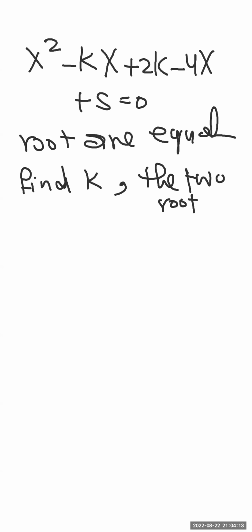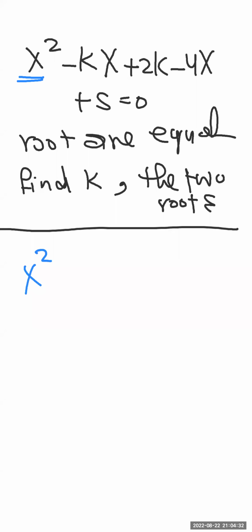Okay. Before solving this question, we have to write it in the form of ax squared plus bx plus c equals 0, correct? So now, concentrate well on this point. x squared, kx, 4x. This means the coefficient of x is not only negative k or negative 4.